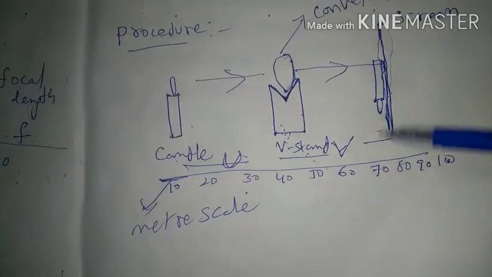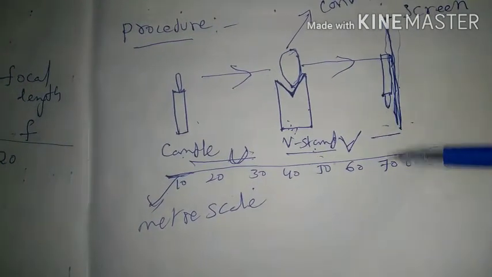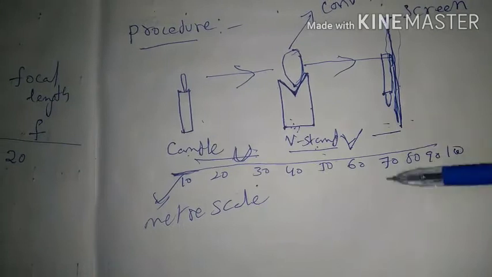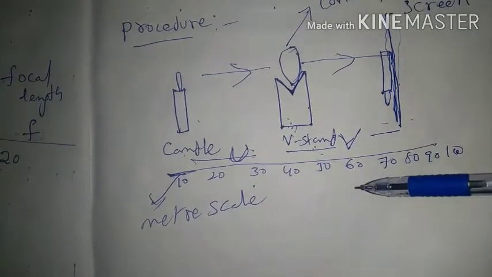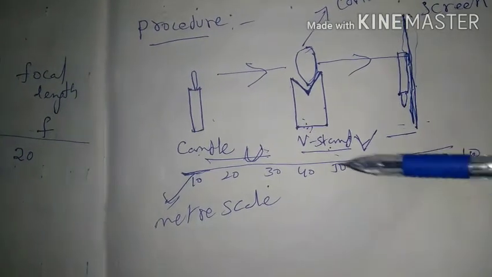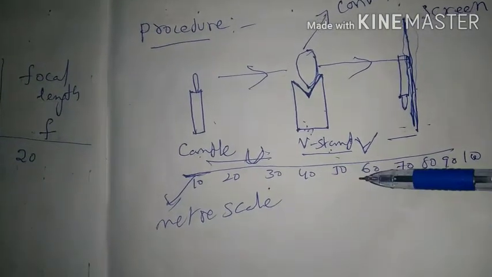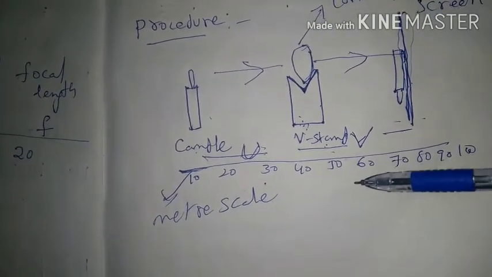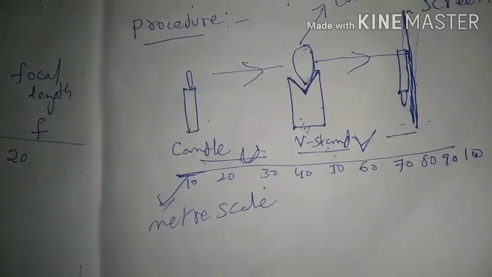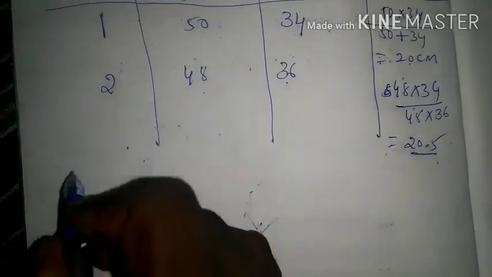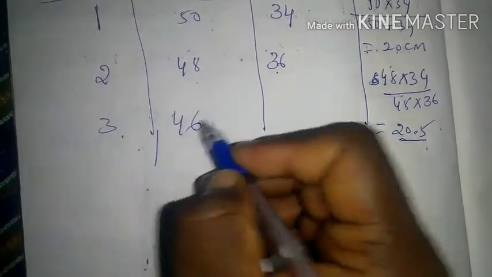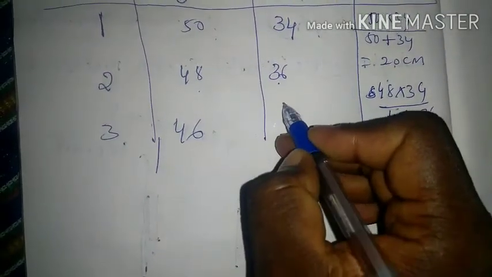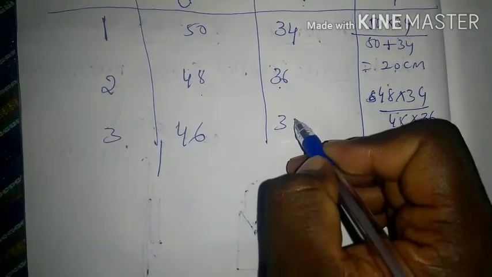Adjust the screen till you get a clear image. Okay, write the table values, serial number 3, 46.